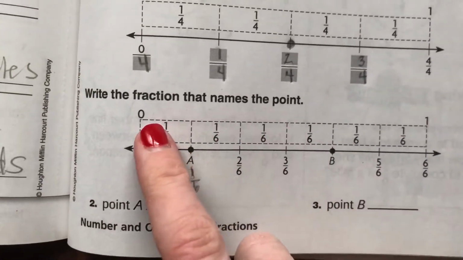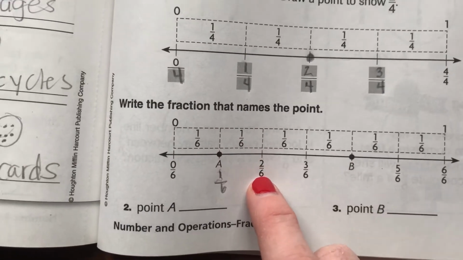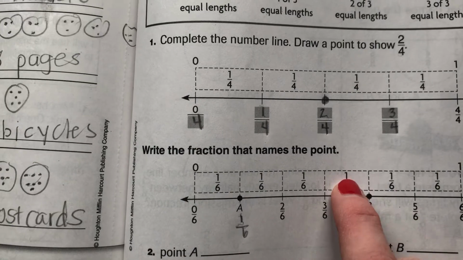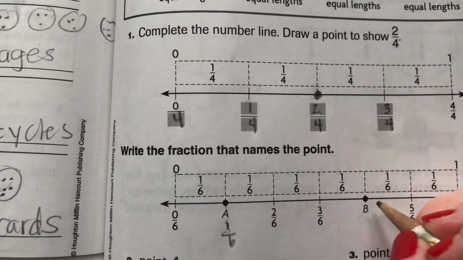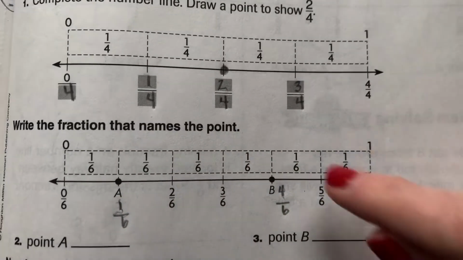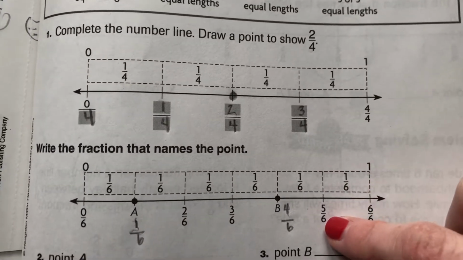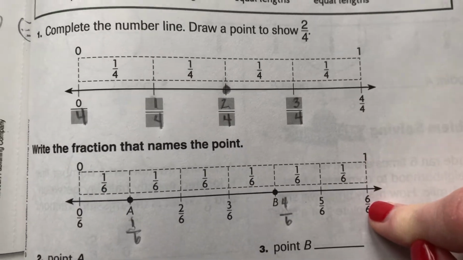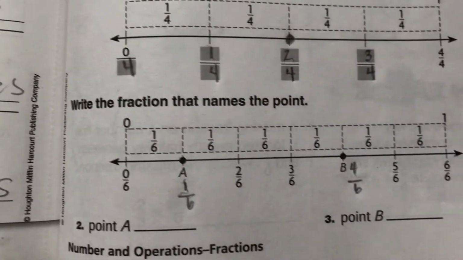Over here, so I have 1/6, 2/6. Here's another part, 3/6. My 4th part would give me 4/6. One more part would give me 5/6, and my 6th fraction strip would give me 6/6, or 1 whole.